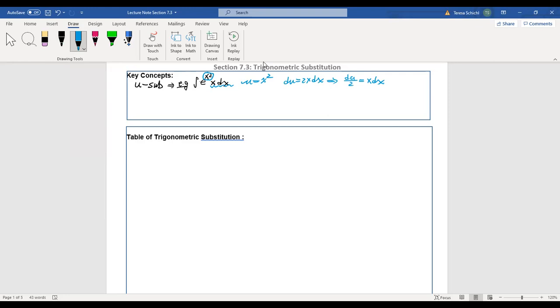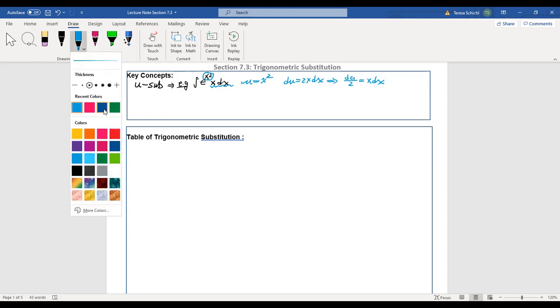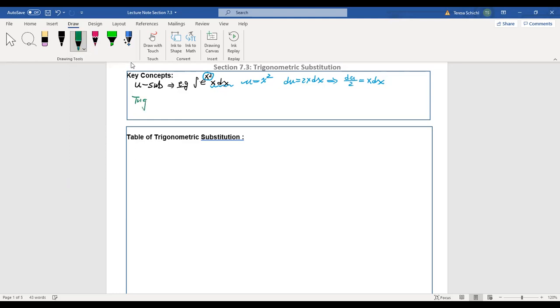Now this is what we call the trig substitution. It's not that you substitute u equal to a function of x.